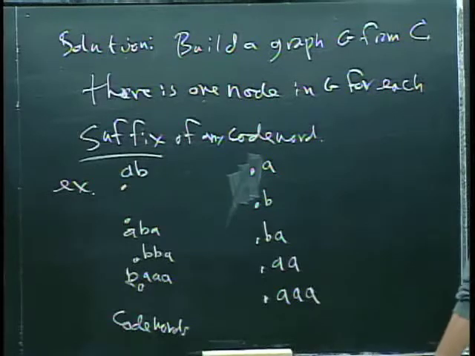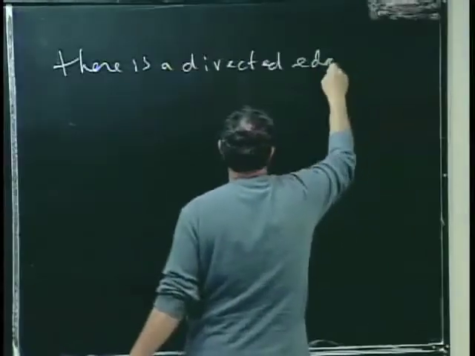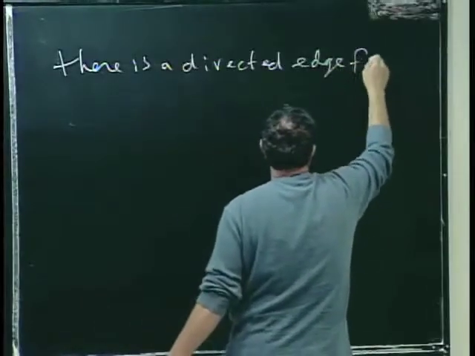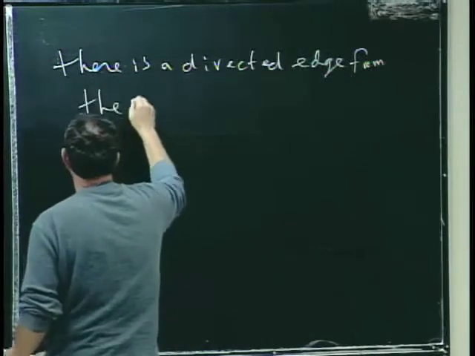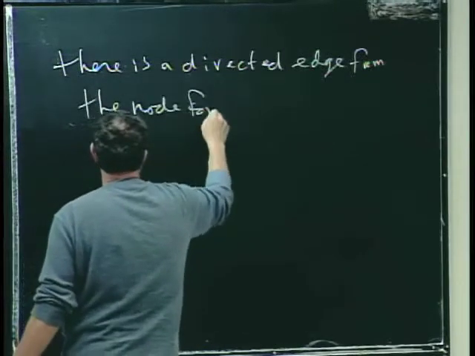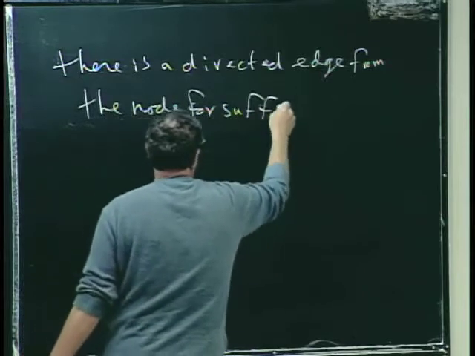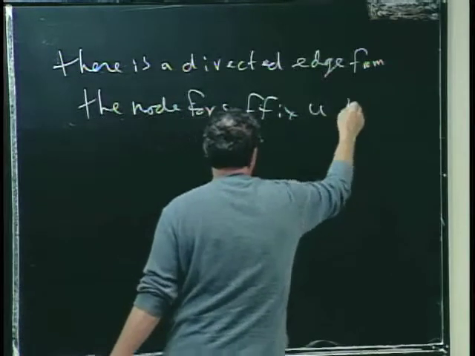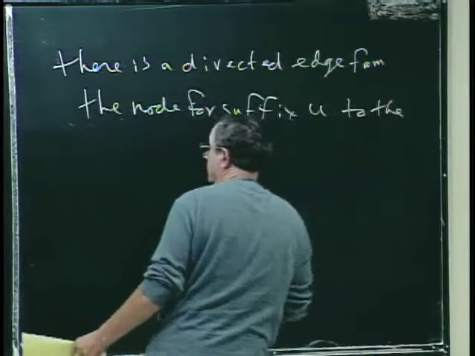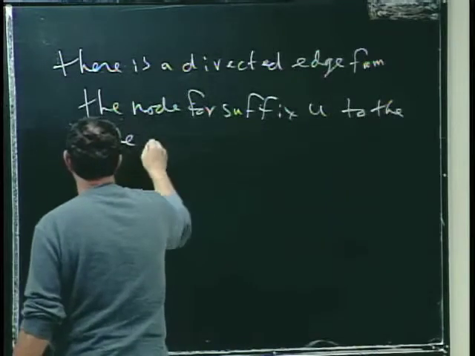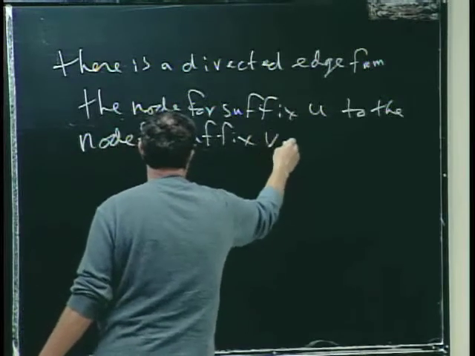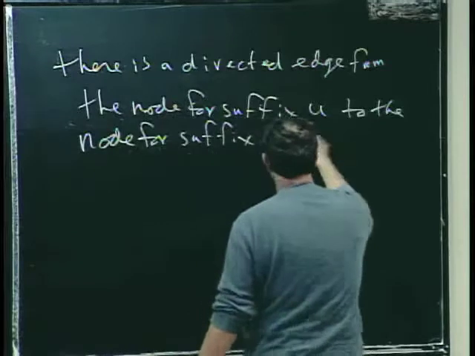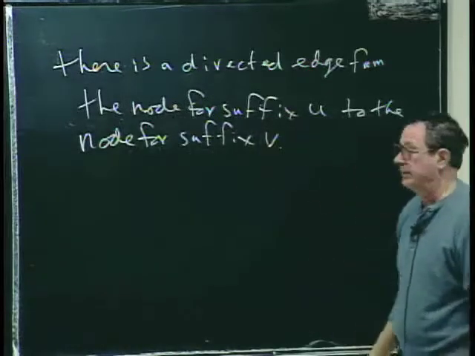There is a directed edge from the node for suffix U to the node for suffix V. Okay, so U and V, these are variables now that represent suffixes.